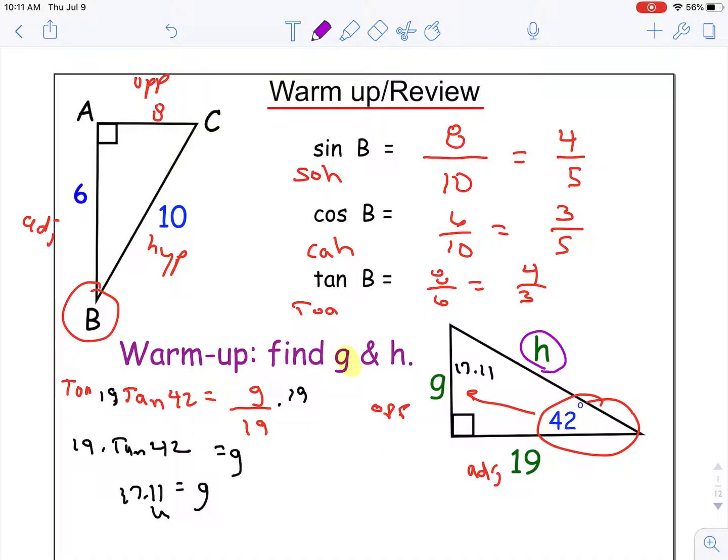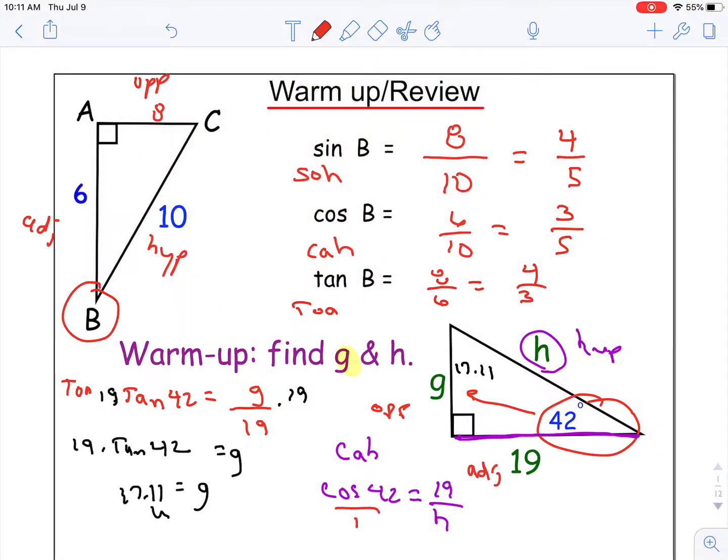If we're finding H, that side is the hypotenuse that we're trying to find. So I know what I'm going to use is the given side, again, in case G is wrong. So I'm going to use the ratio of adjacent and hypotenuse, which is CAH. So I'm going to set up the cosine of 42 equals 19 over h.